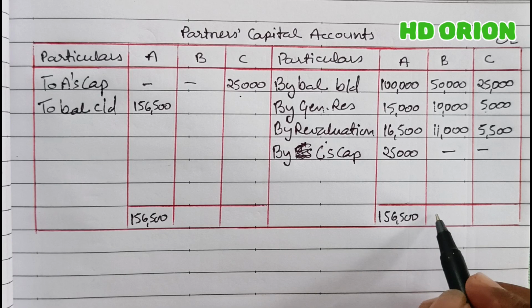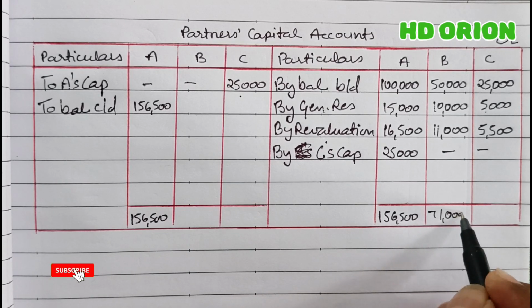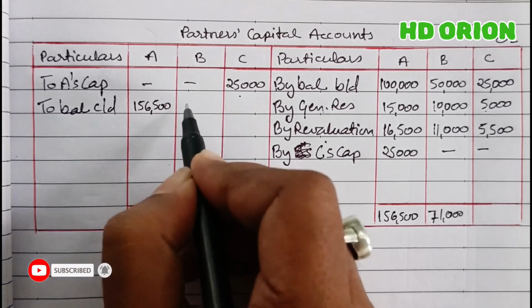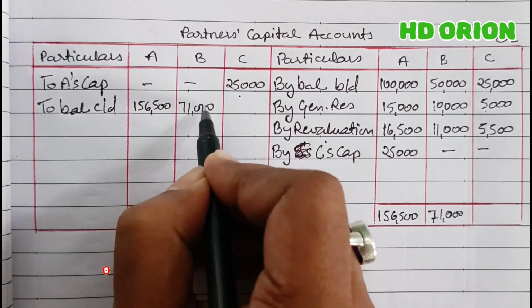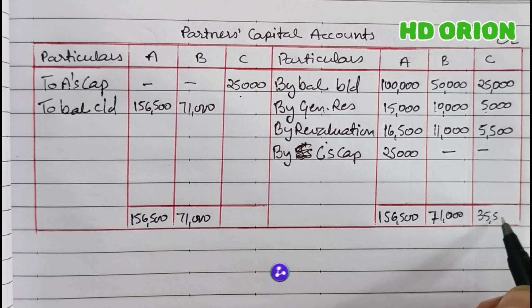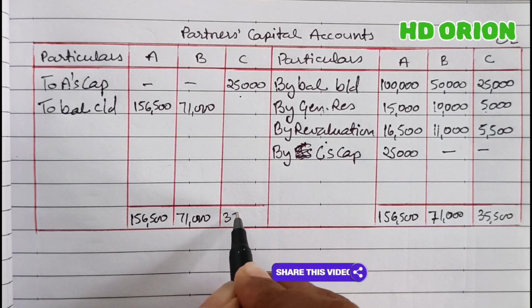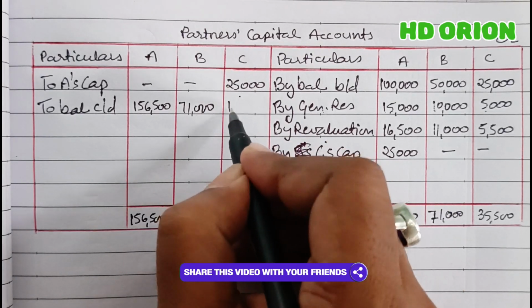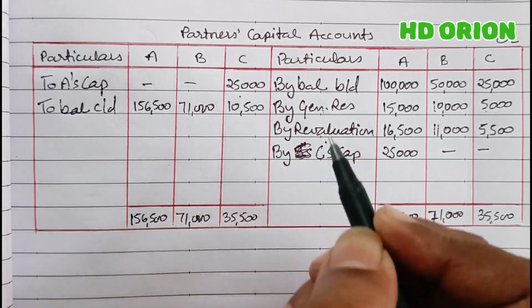And then here grand total is rupees 71,000. And here grand total is rupees 35,500. Minus 25,000, it is 10,500.